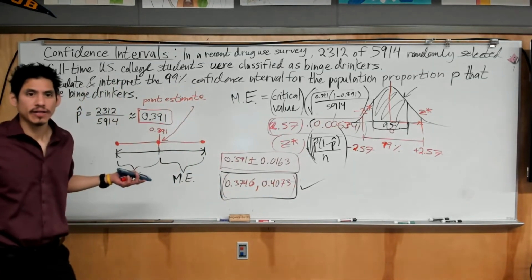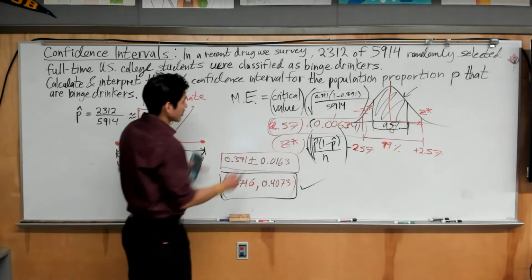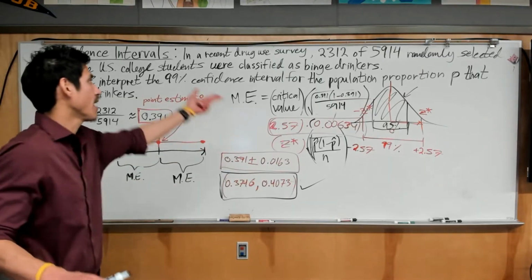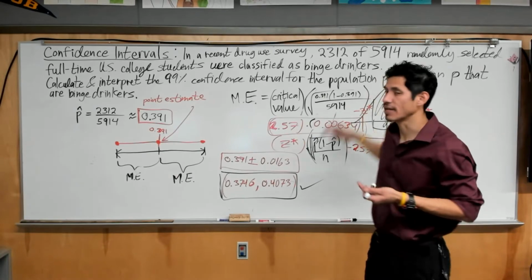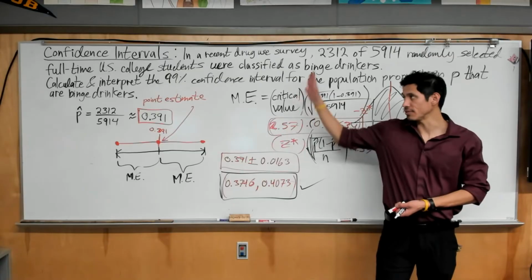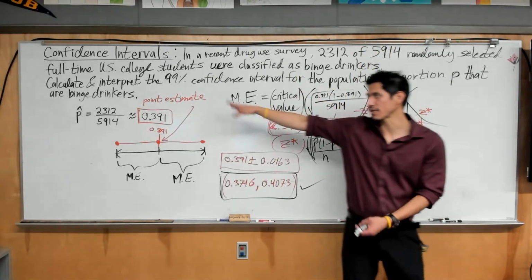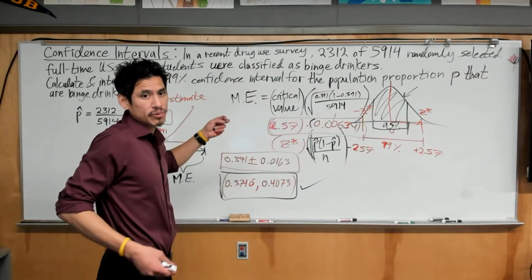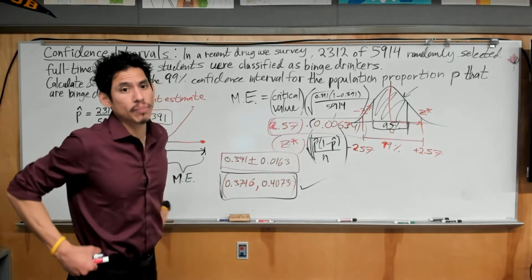So again, this is better than just guessing a single value, because we're going to be very confident, or 99% confident, that the population proportion will be in there because we have a good amount of data. We have 5,914 data points. Now, again, it doesn't mean that it's going to be in here for sure. It just means that if we use the statistical method where we took a random sample of this size and calculated all of this, about 99% of the time we would get confidence intervals that would actually contain the true population proportion.